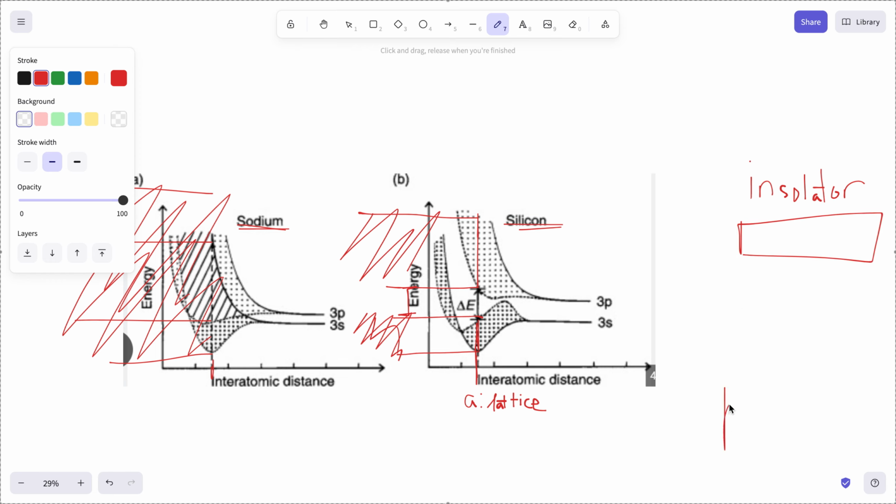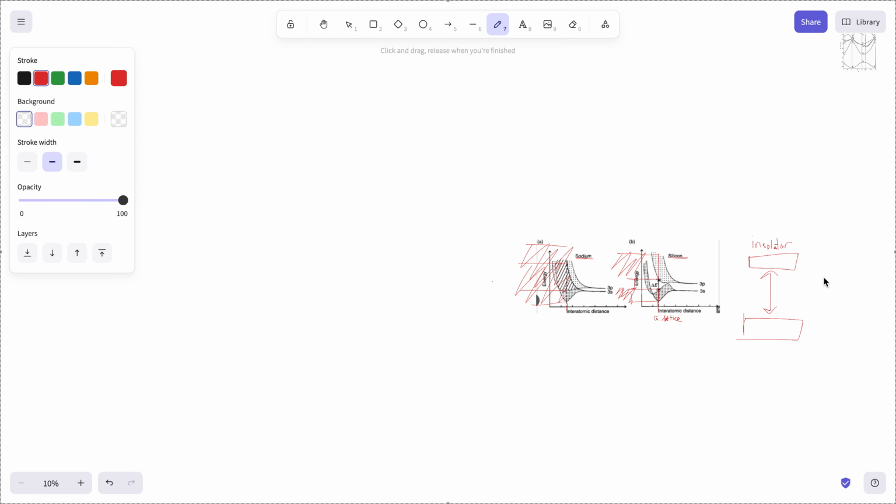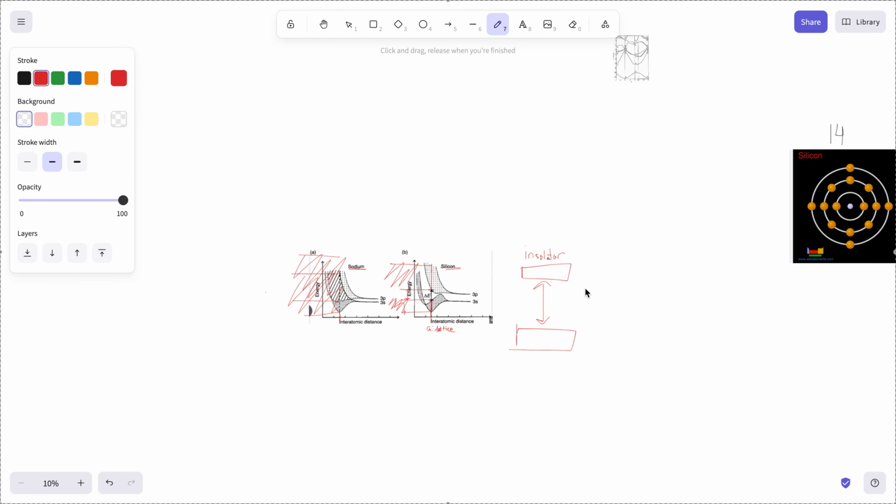Insulators occur when the energy gap is just humongous, to the point where you need to put a lot of energy in for any valence electron to move up to a higher orbital, to the conduction band, right? Showing how the intrinsic properties of an atom, the quantum mechanical properties of them, affect both the lattice constant, the distance, and the geometry of them, but then also the band gap, right?